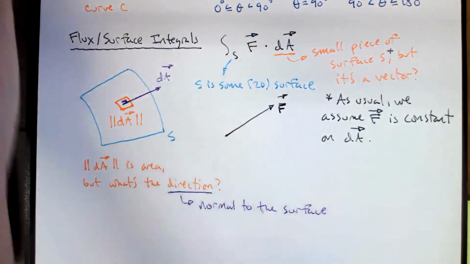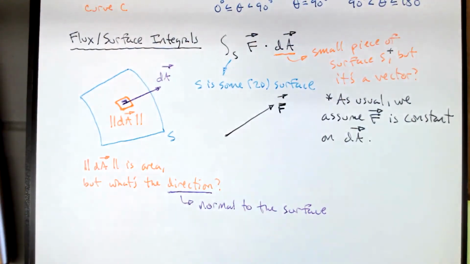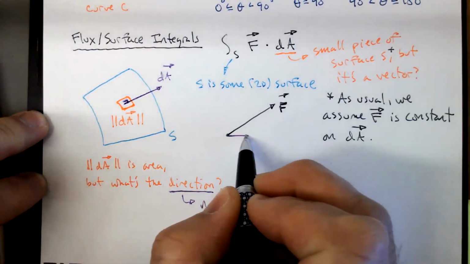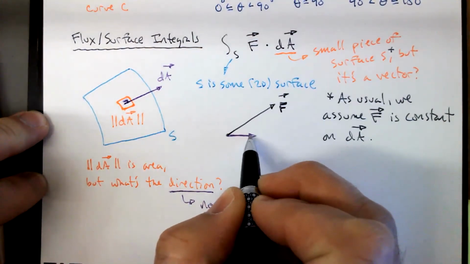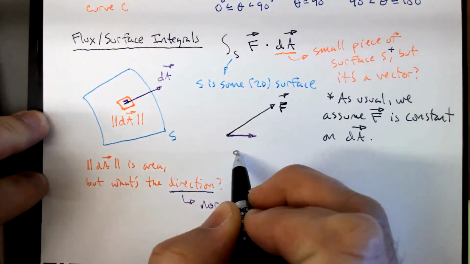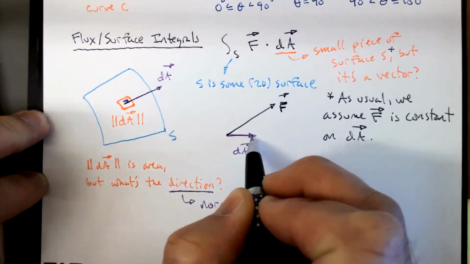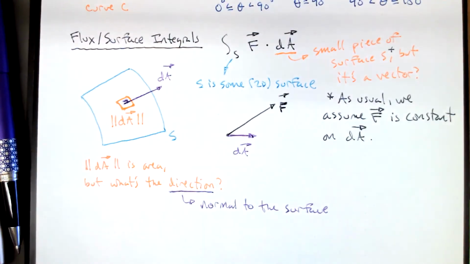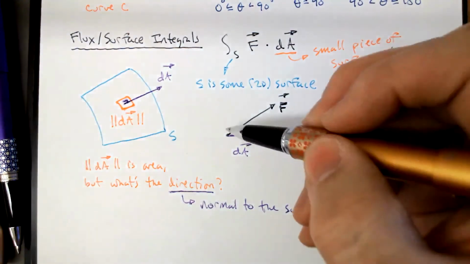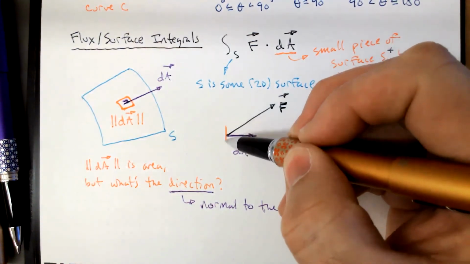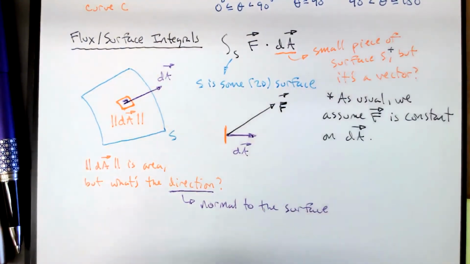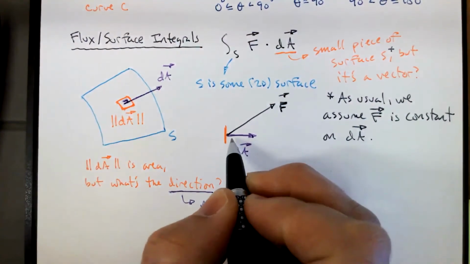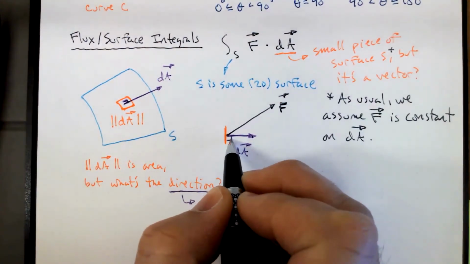And I've got some vector dA, which is going to be normal to the surface. So the way I've drawn it here, the dA, the little piece of the surface, we're drawing this dA perpendicular to the surface.